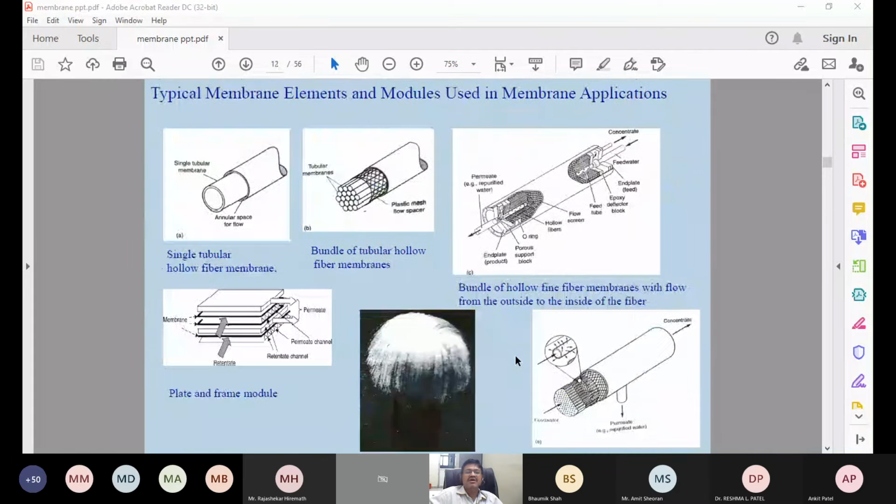Now we will see the typical membrane elements and modules that are used in membrane applications. You know that there are different modules. One of the modules is the tubular module. So this is the tubular module, nothing but a tube-like structure. The membrane is like this.